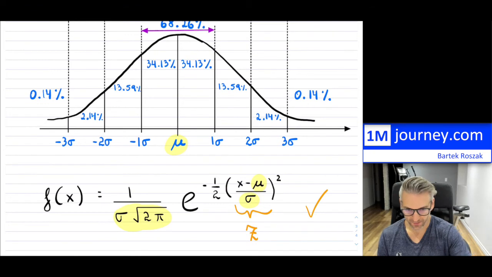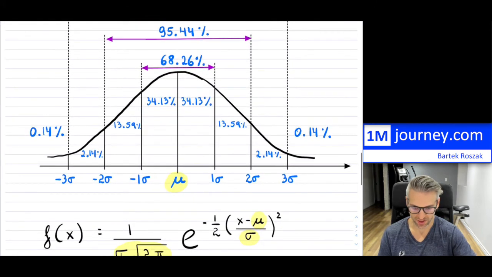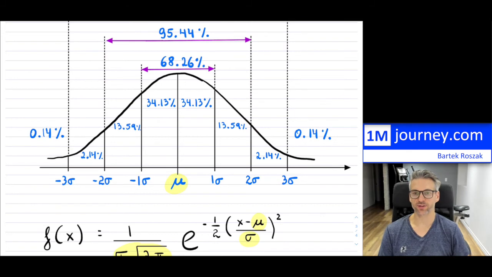So let's say this is my normal distribution. All of this that you see in here, your mean is where it is centered, and it's completely symmetrical.